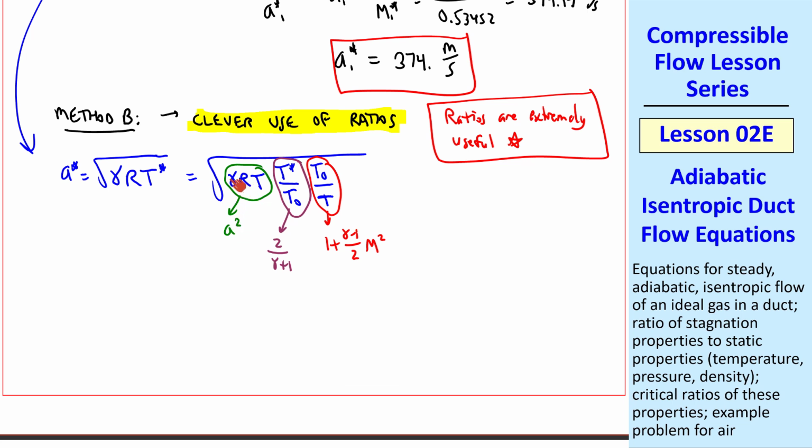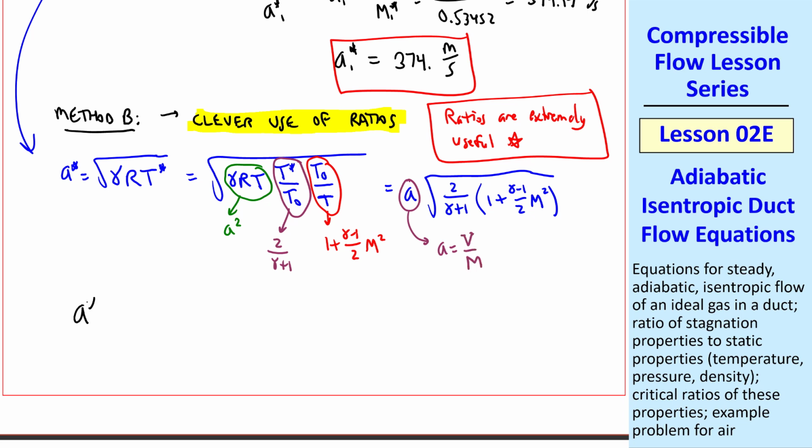Well, the A squared can come outside the square root, giving us A, square root of 2 over gamma plus 1, times 1 plus gamma minus 1 over 2, M squared. Well, we don't know A, but we do know that A equals V over M. So finally, A star, and I'll put our subscript 1 at this location, is V1 over M1 times this square root term, and I'll use capital M1 instead of M since we're dealing with location 1.